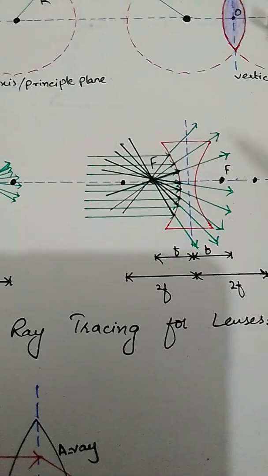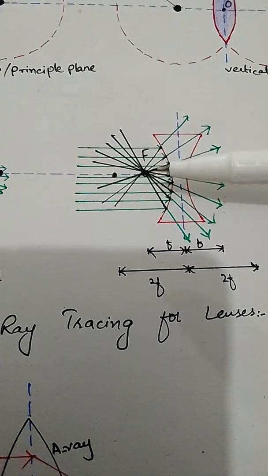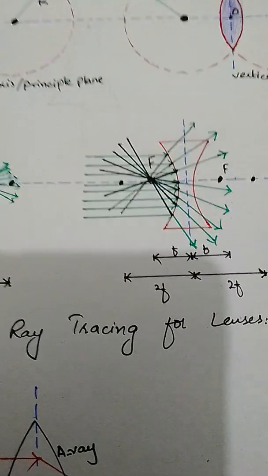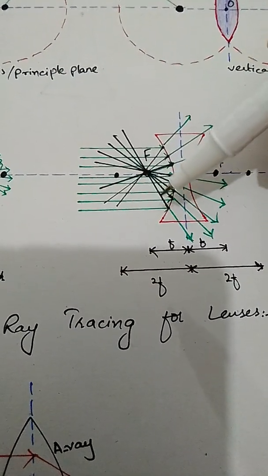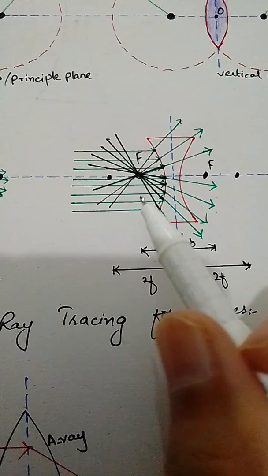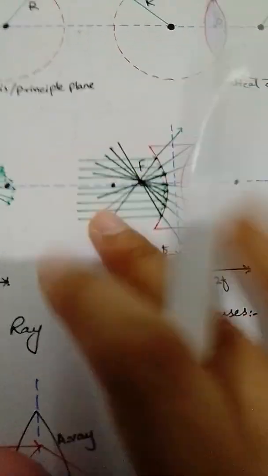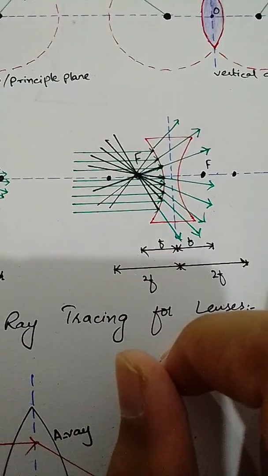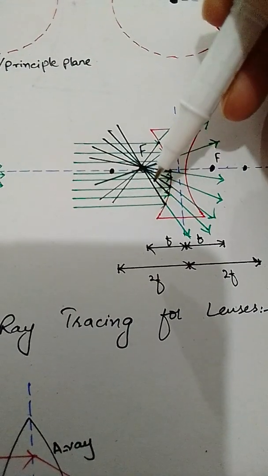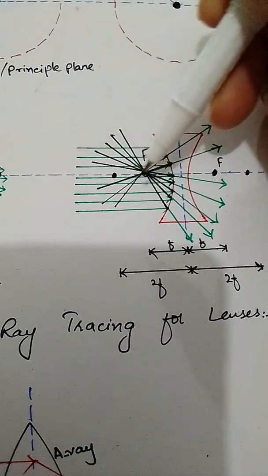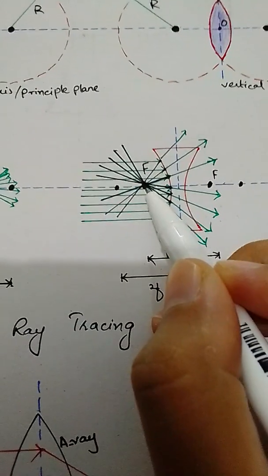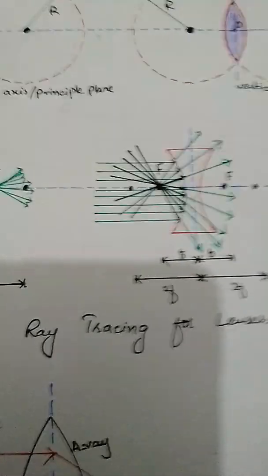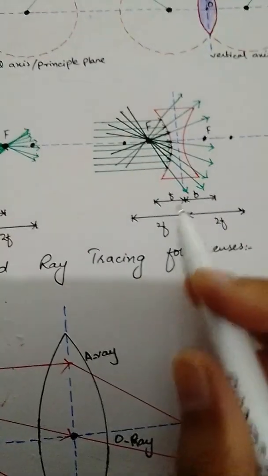We just trace back these lines and we get an intersection point, and at this intersection point the actual image would be formed. Here we have F and 2F again.